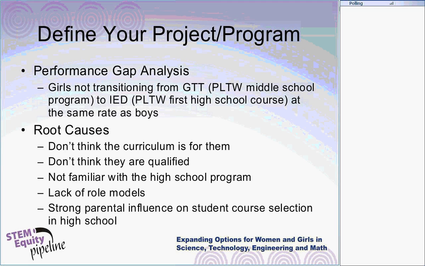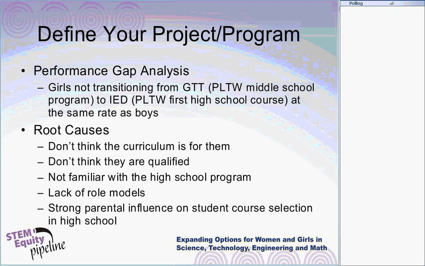There were strong messages during the year in which they were involved with the GTT program that the high school program was not something they should be interested in. They didn't think they were qualified to take the high school program. Another message that came from somewhere: they weren't familiar with the high school program. In other words, they hadn't had the chance to learn about it, to understand whether or not it was something they wanted to get involved in.